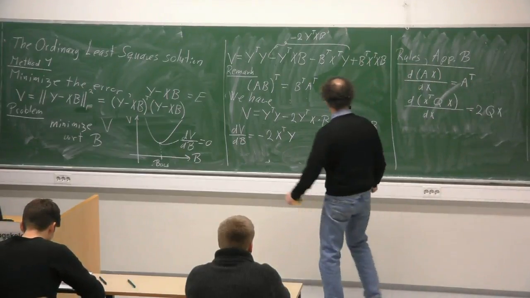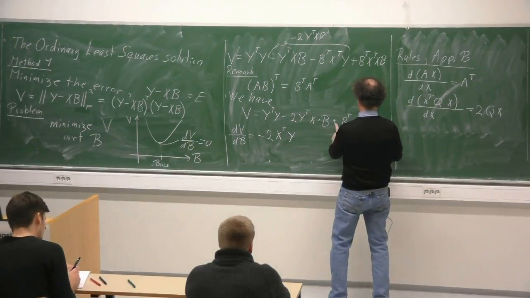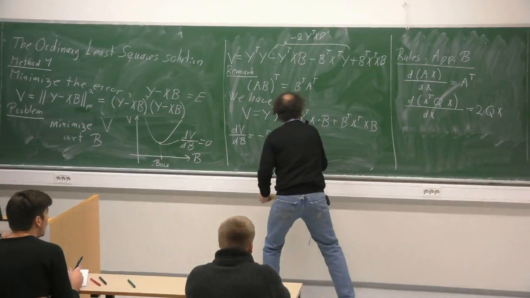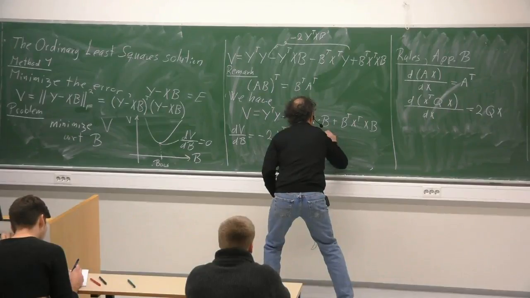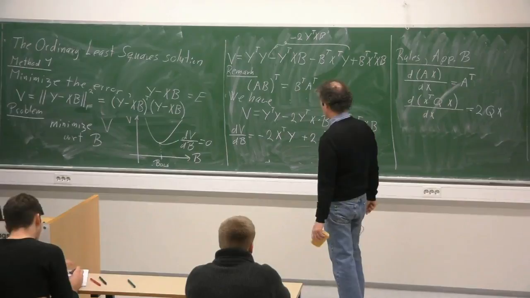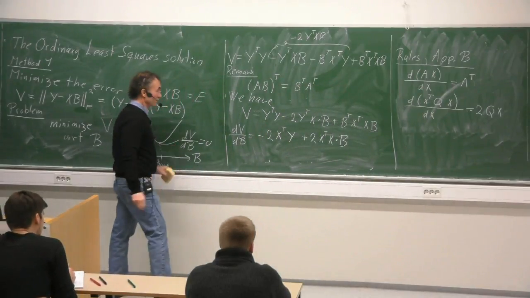And then the derivative of the last squared term here, plus 2 X transpose X times B. And the solution is given when this derivative is equal to 0.